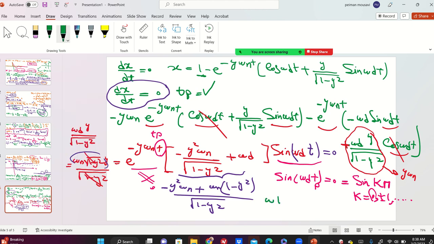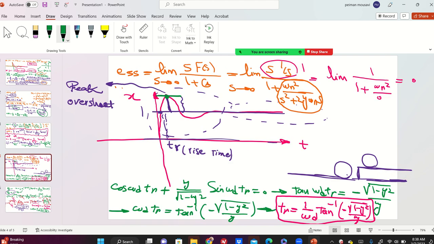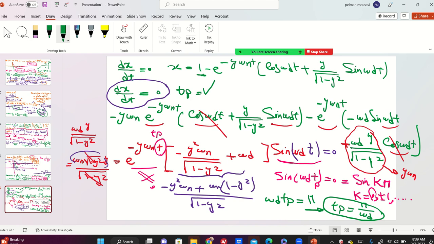So omega d Tp, the peak time, is pi. So you can get Tp is pi over omega d. Understand everyone? So this peak time here is Tp. Peak time is pi over omega d.